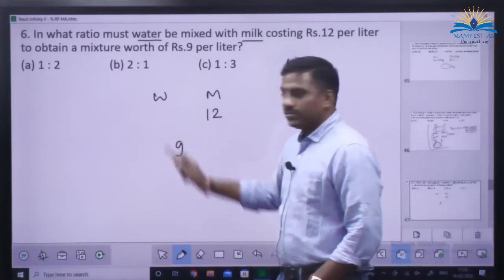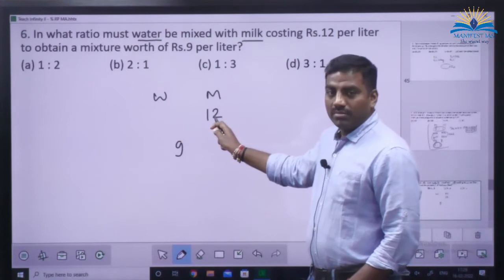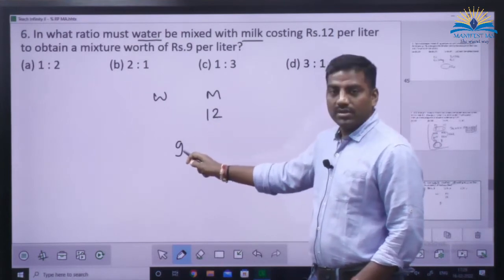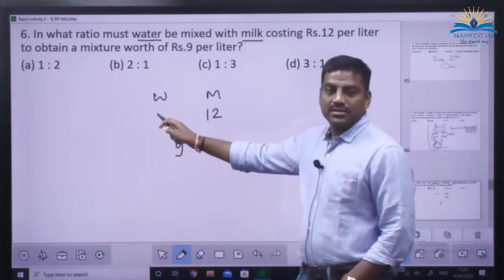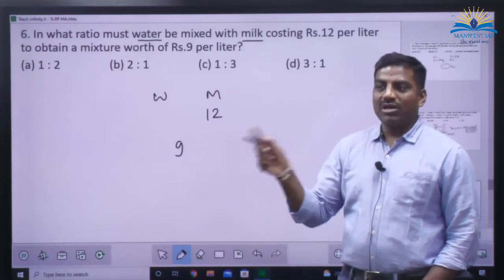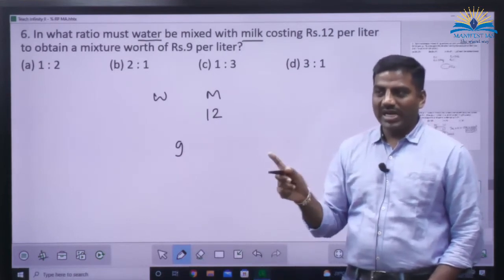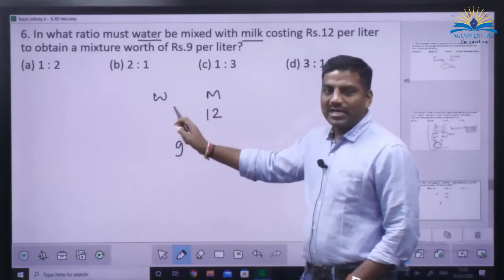What is this? This is the cost of milk. This is the cost of the mixture. Price of milk or price of mixture. See, when we took rice, variety 1, variety 2, sugar, variety 1, variety 2, here it is milk, variety 1, milk, variety 2.